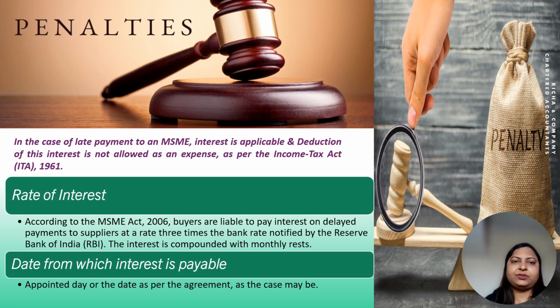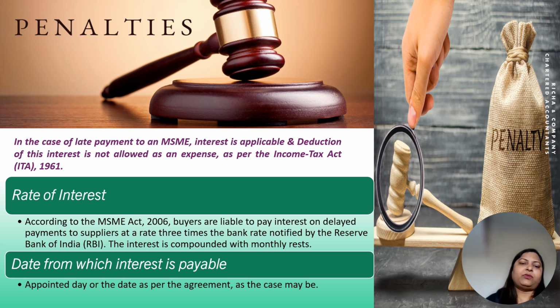Now, as we told you, we will also discuss the consequences of delayed payment. If the payment has been delayed, the consequences are prescribed in section 16 of the MSMED Act 2006. So what are the consequences? First, there would be an interest penalty. If you have not paid within the prescribed time, then interest will be levied on the delayed payment.